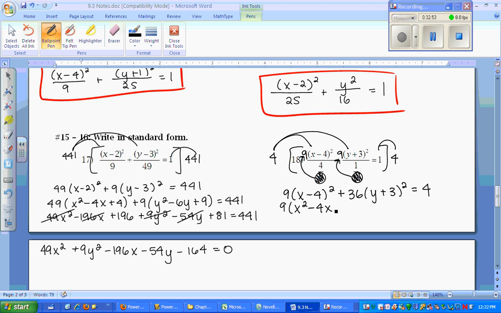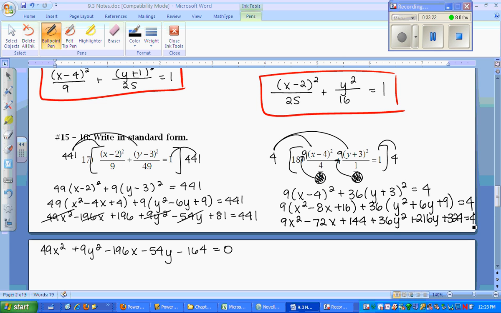FOIL, x squared minus 4x, minus 8x plus 16. On the other side, y squared plus 6y plus 9. Distribute 9x squared minus 72x plus 144 plus 36y squared plus 216y plus 324 is equal to 4.